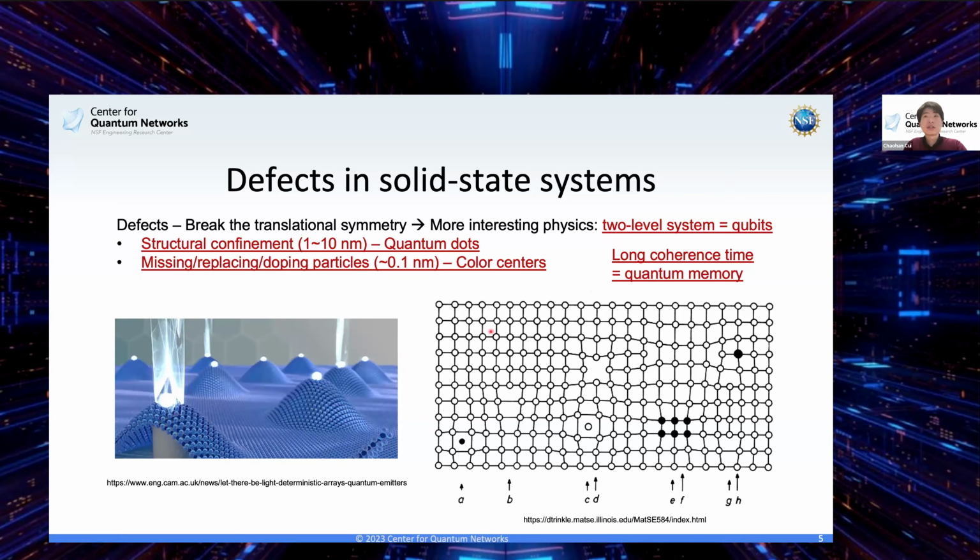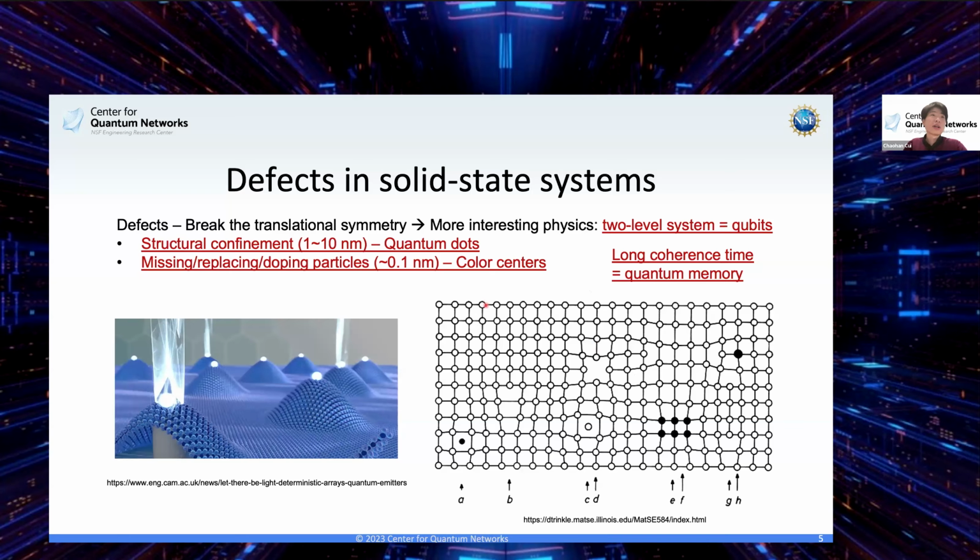And if you consider other cases, where you are missing, replacing, or doping foreign impurities into your lattice, you will create something often called color centers. So there are multiple ways to create those defects. For example, you have another atom different from the host material, or a vacancy here, where you are missing a host atom.